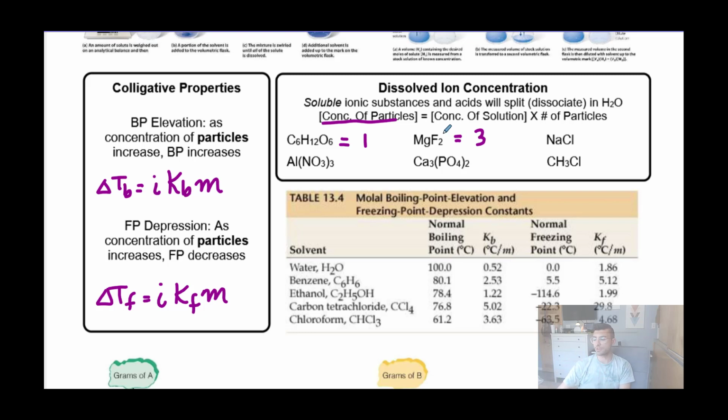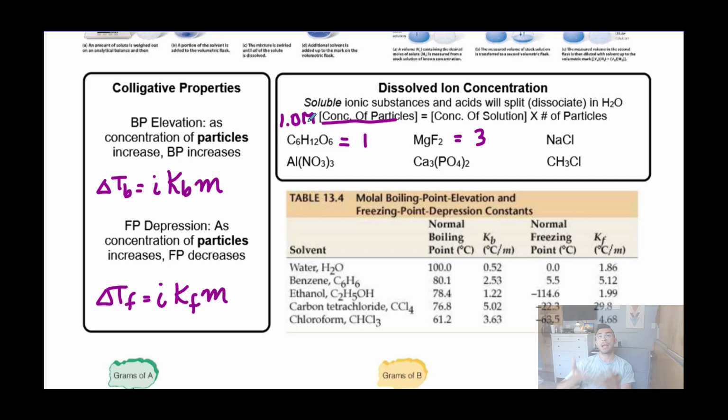So what this number is saying is, let's say I had a 1 molar solution of glucose. Well, I'm going to have a 1 molar solution of glucose molecules. But if I have a 1 molar solution of magnesium fluoride, once it's dissolved, I'm going to have 3 molar of ions, because for each MgF2 unit, I'm going to get 3 separate ions.